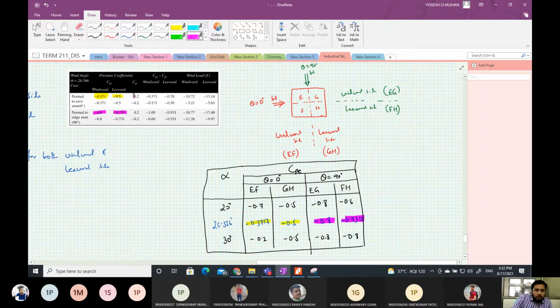Okay, these are one with positive CPI and one with negative CPI.